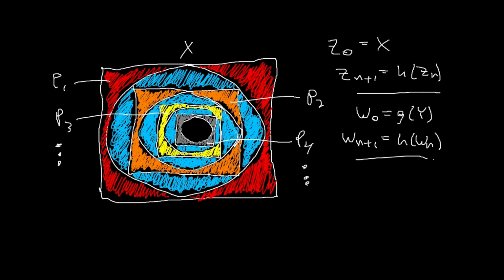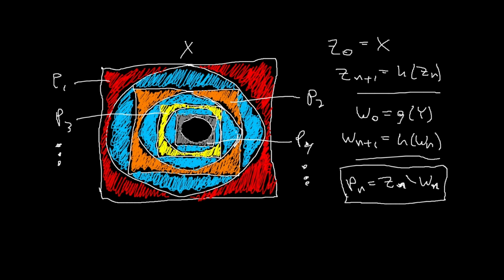And then with these, I can rigorously define P n to be the set Z n minus W n, like this.